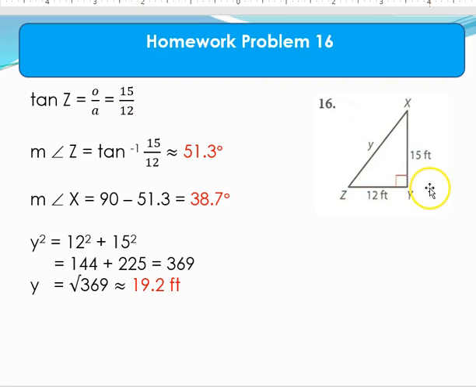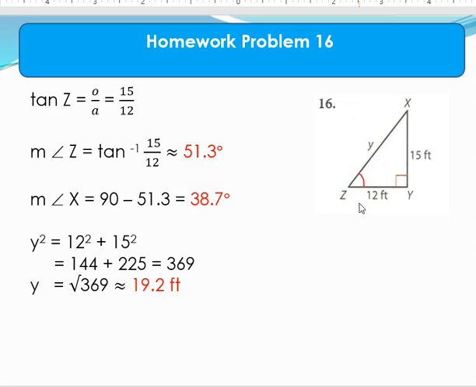So we can solve for angle Z. And angle Z has opposite over adjacent, sorry, and that is 15 over 12.